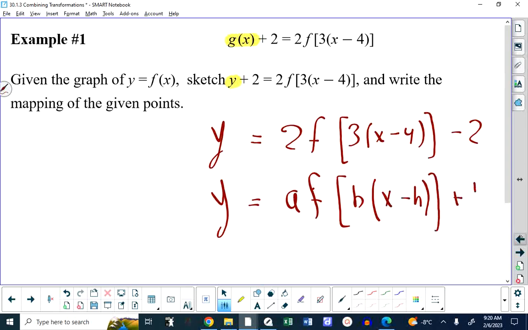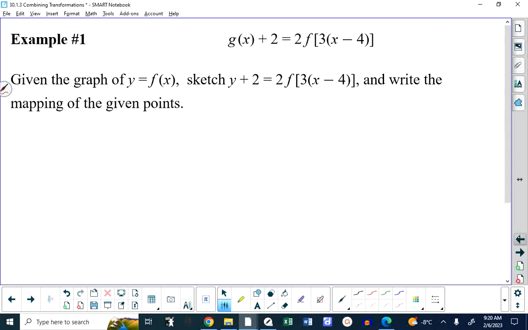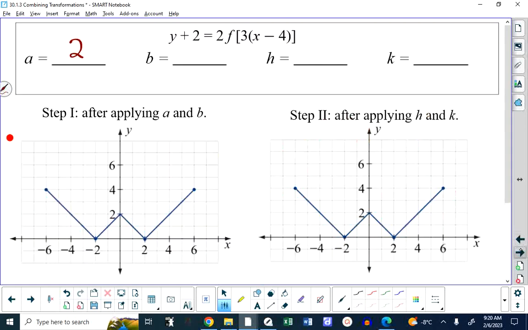We're just comparing the template on our formula sheet to the function in the question. So a is 2, b is 3, h is 4, and k is negative 2. Are we in agreement with that?